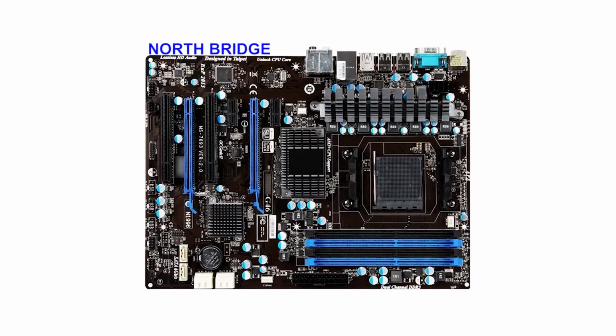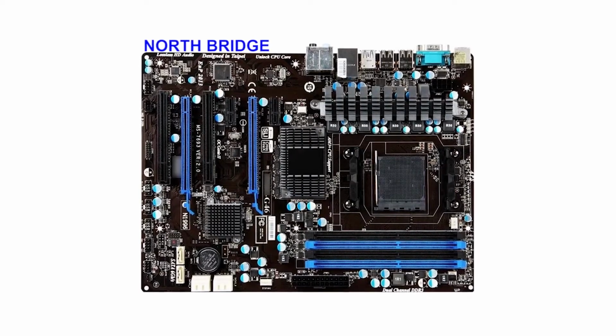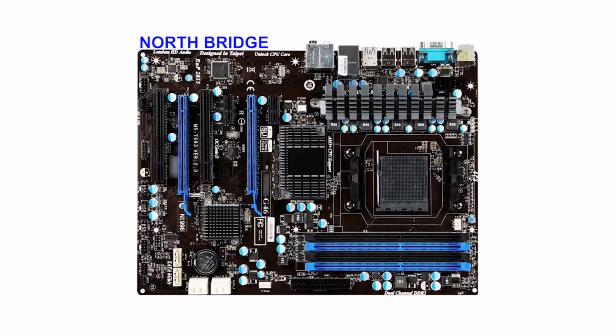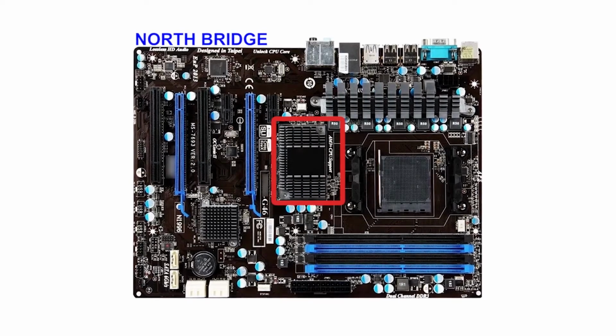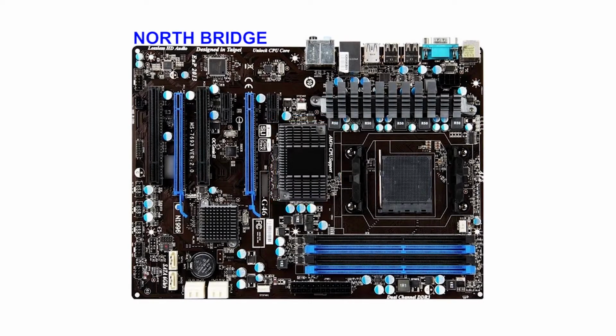Now, what is North Bridge? As the name suggests, the North Bridge is a chip which is located at the north or the upper side of the motherboard. It is situated near the CPU and directly connected to the processor.